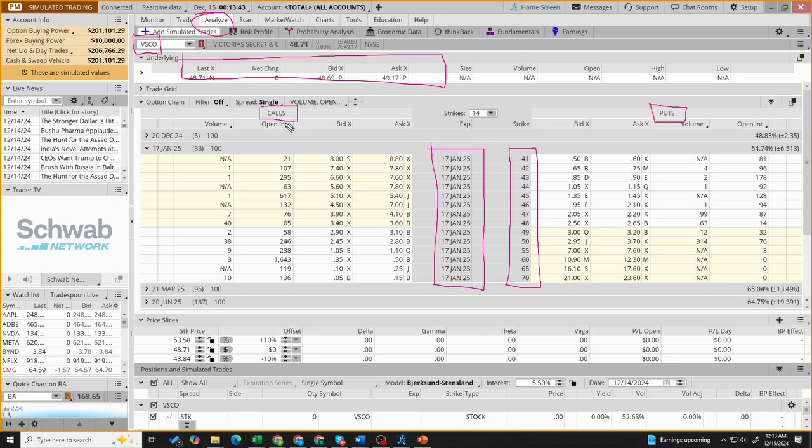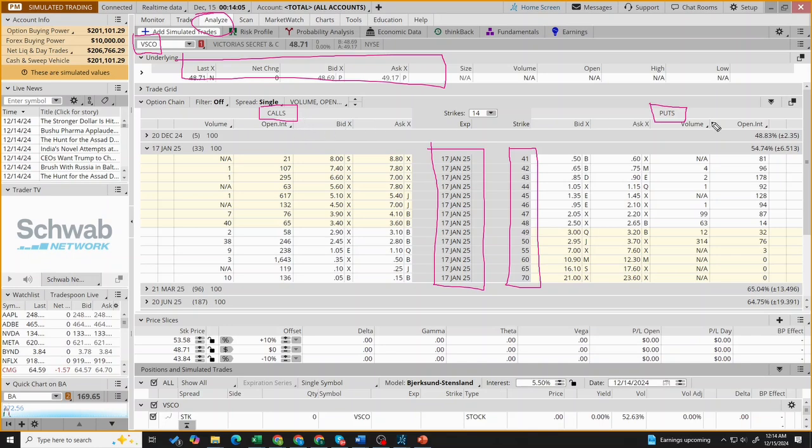Puts give me the right to sell something, which is beneficial to me if I think it's going down. I lock in a selling price. That's it. If I'm bullish, I think the stock's going up, I use calls. If I'm bearish, I think the stock is going down, I use puts.